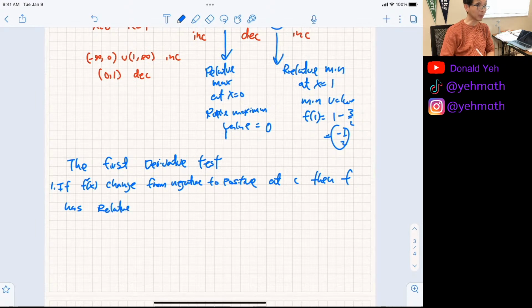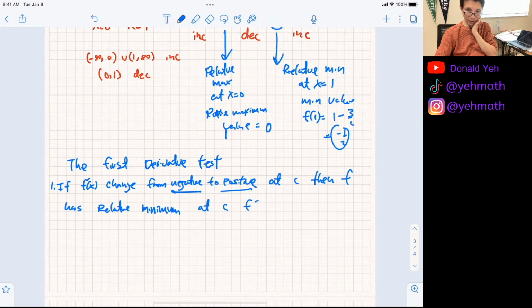What do you think? From negative to positive? Like just max is maximum. Minimum. Because it went from negative to positive. Does that make sense? Went from negative to positive, then it's a relative minimum. Okay. At C comma f of C, that's a critical point.